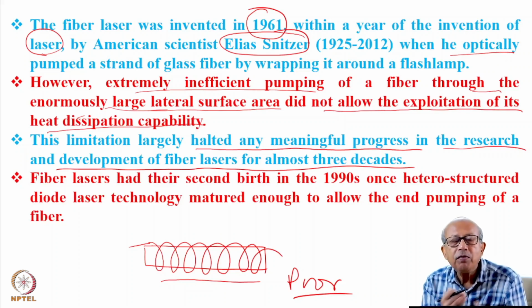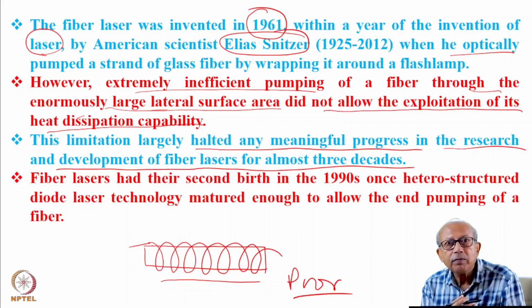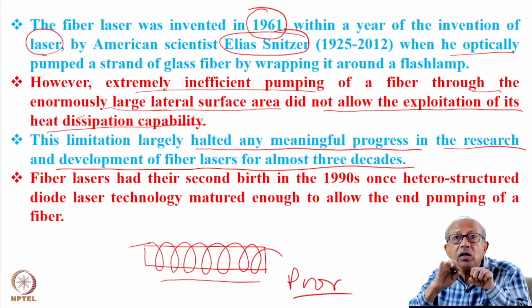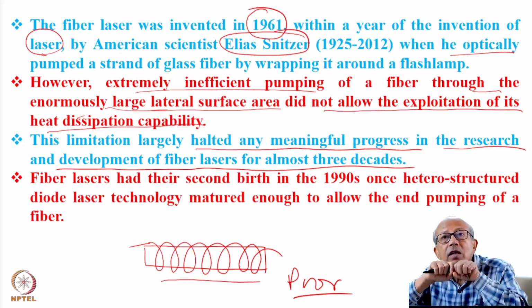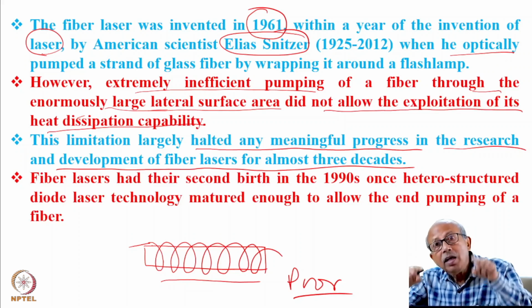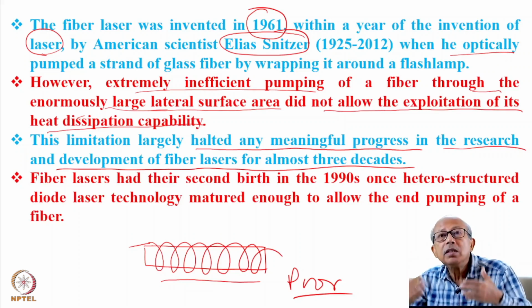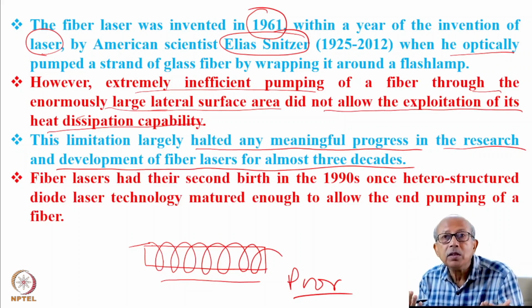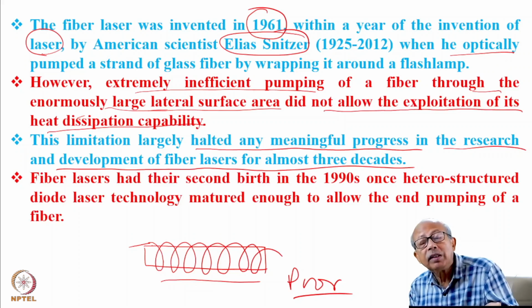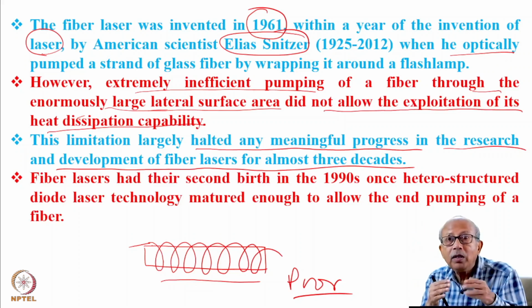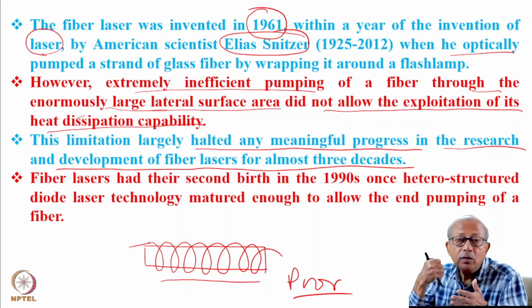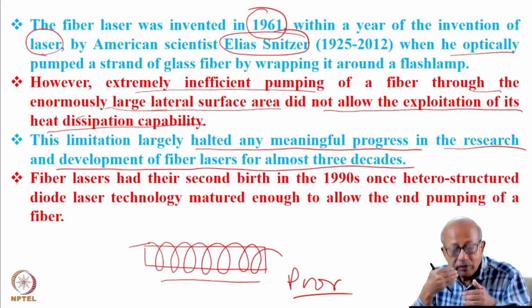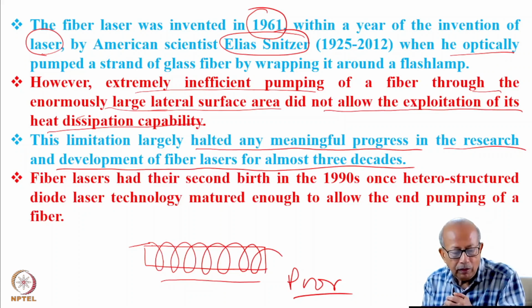It became very inefficient pumping of the fiber because of its exceptionally large surface area that is required to increase its heat dissipation capability, but then it comes in the way of pumping if you have to pump it by the side itself, by its lateral surface.